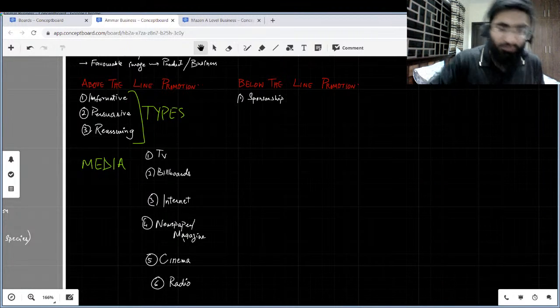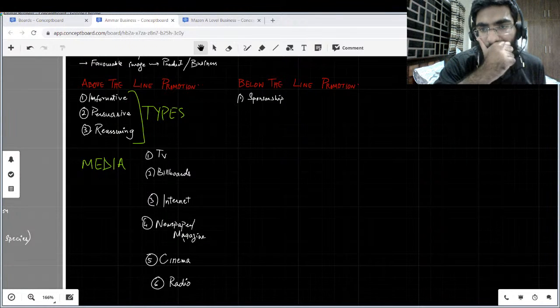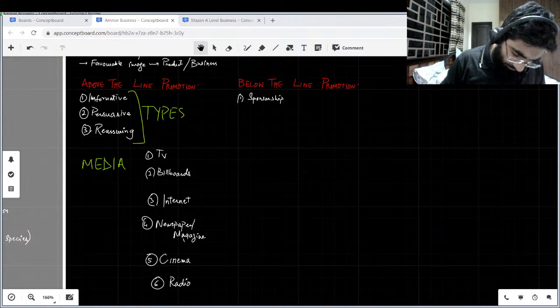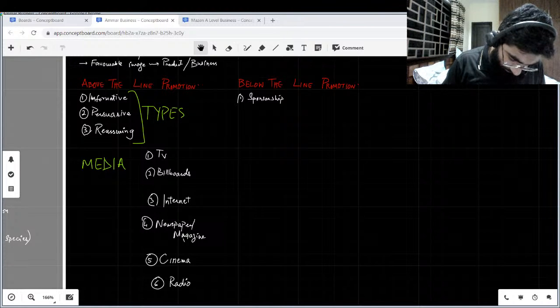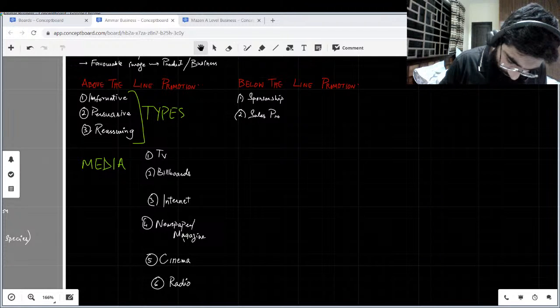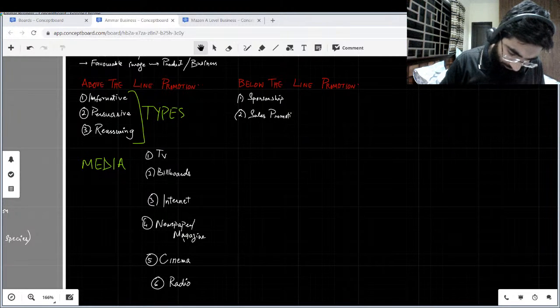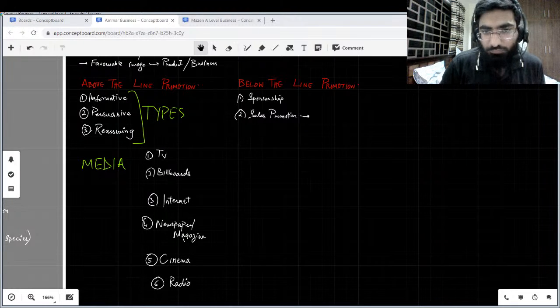We have got something called sales promotion. Sales promotion is the biggest out of all these. Below the line promotion to sales promotion. So how do you do sales promotion? For sales promotion, you have got free gifts.